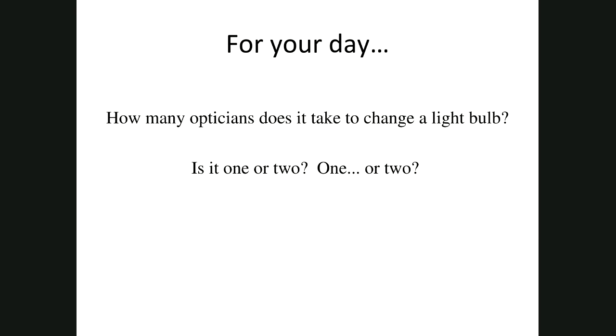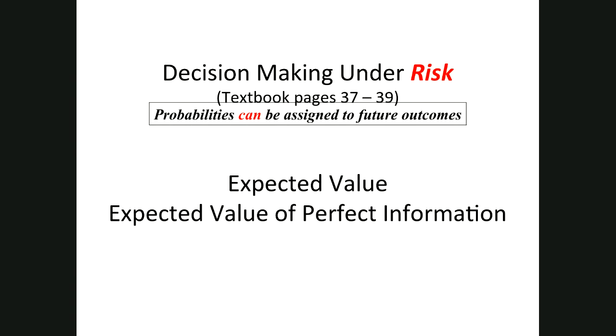All right, this is lesson 6, and today we're going to talk about decision analysis under the case of risk. Decision making under risk means that probabilities can be assigned to future outcomes.